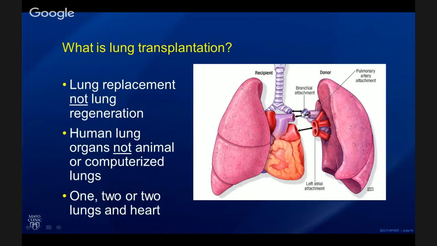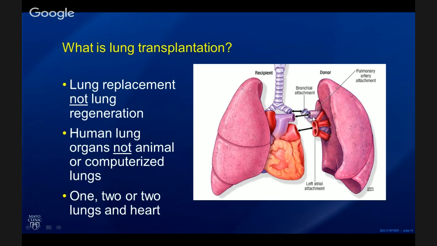Here on this diagram, you can get a sense for what the surgeon is doing. So you see this donated lung here, and you see that the recipient's trachea and main airways are left in place, and there's going to be a small portion of the airway from the donor lung that will be sewn on to the recipient's airway.